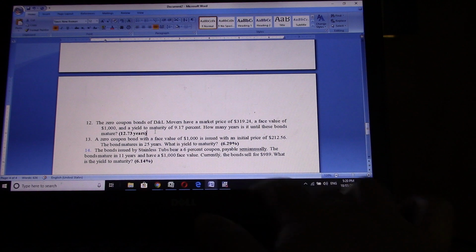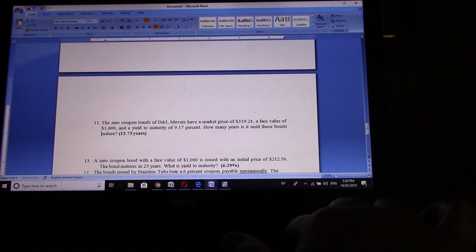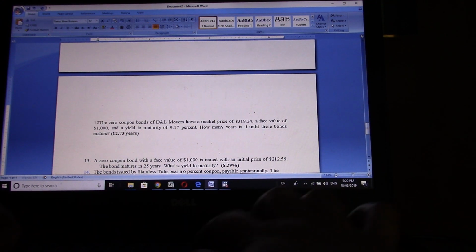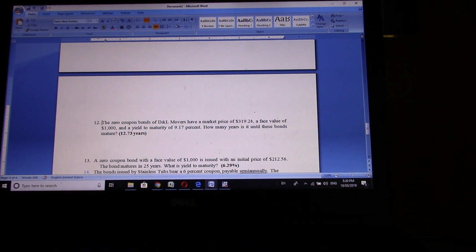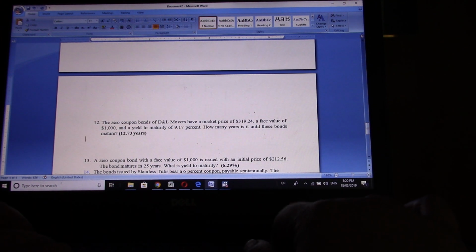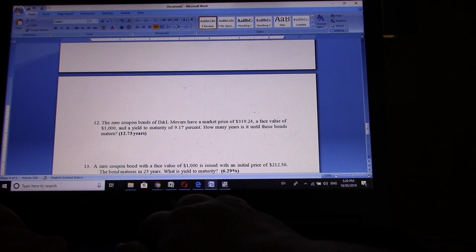For 12, it's asking for how many years until the bond matures. So you should use the Nper function.